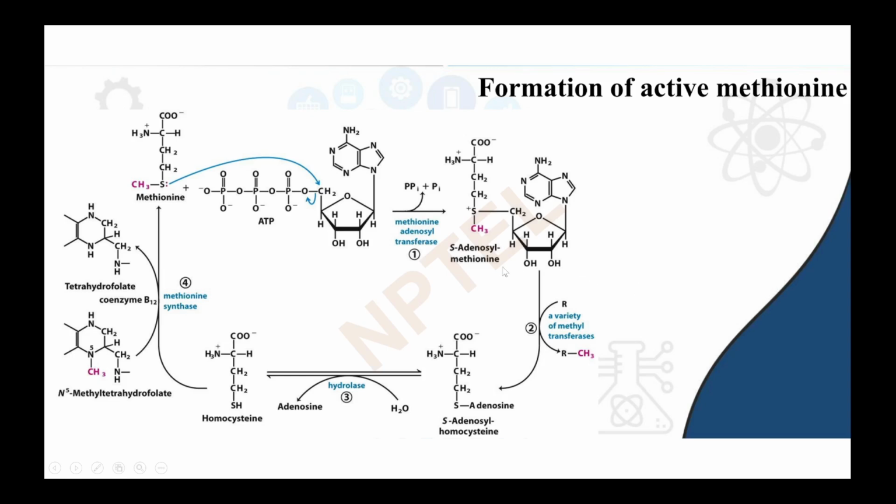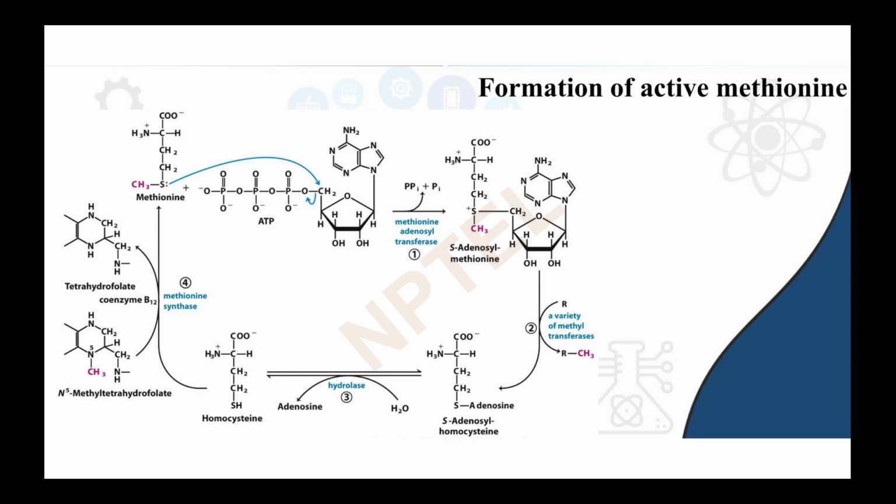So there are different methylation reactions where S-adenosyl methionine acts as a methyl group donor. It can give this CH3 group to any substrate, and in turn it will get converted into S-adenosyl homocysteine.